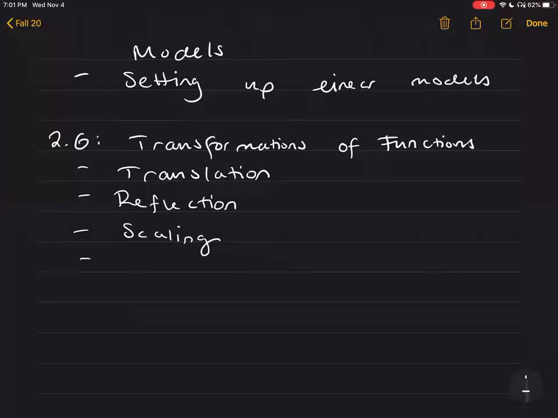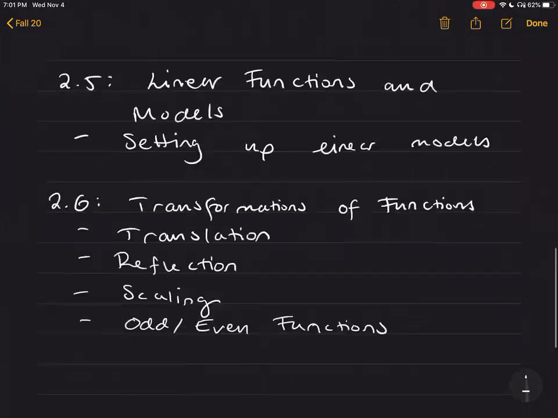But in that section, we also briefly discussed odd and even functions. All right, so this is the main outline of the key points that we discussed since the last midterm. Obviously, this isn't everything we've talked about, but this is not a bad starting spot.